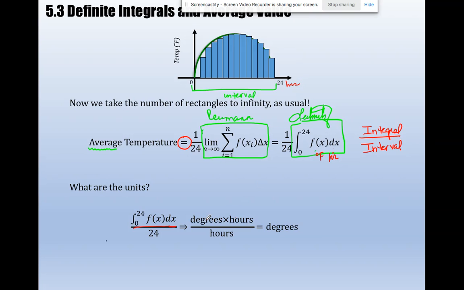So you're dividing degrees times hours by hours. What do you get? And didn't we want the average temperature? We didn't want the average temperature times hours. We just wanted the average temperature in degrees. Oh my Lanta. That's a y value. What just happened? That's insanity. The average value of a function is the integral over the interval.